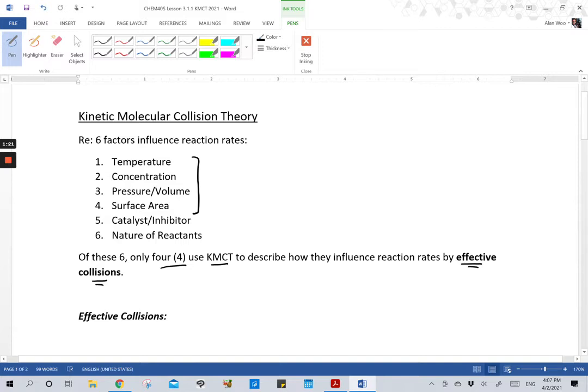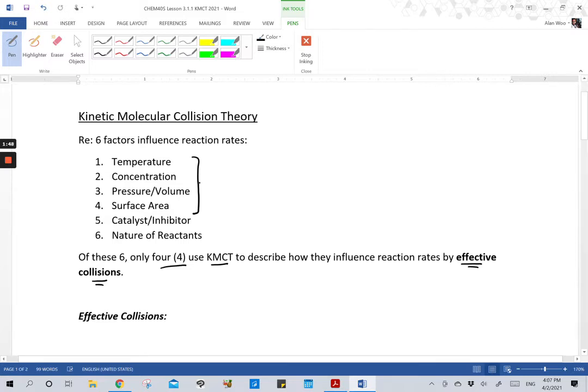And if you remember from our lesson dealing with those basic factors, temperature, concentration, pressure, volume, and surface area, they all greatly tie into where their molecules are and how they collide with reactant molecules in a reaction.